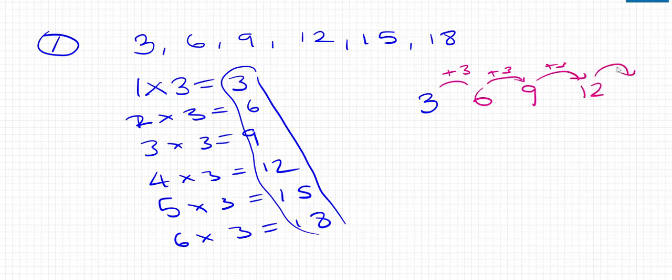What is 12 plus 3? 15. And one more time, 15 plus 3, we get our 18. 1, 2, 3, 4, 5, 6. Sometimes different strategies might be useful for different types of problems. With this one, most of us are pretty confident with our timetables, so just counting by 3s until you get 6 numbers, or 6 products.